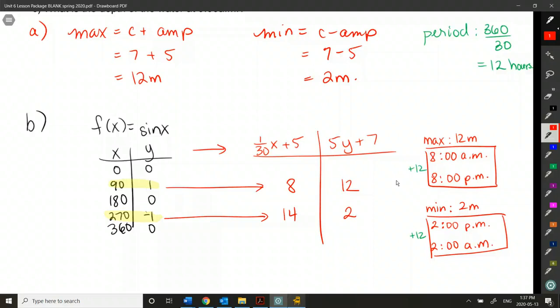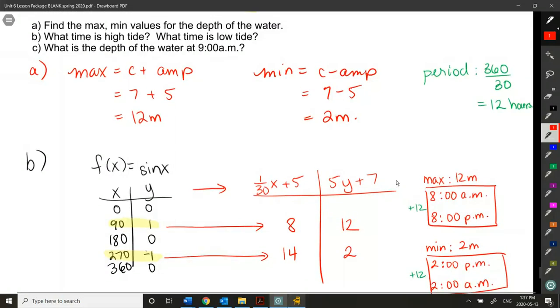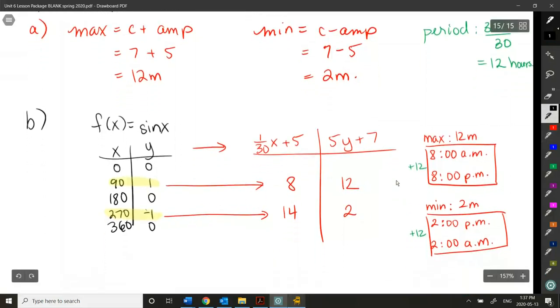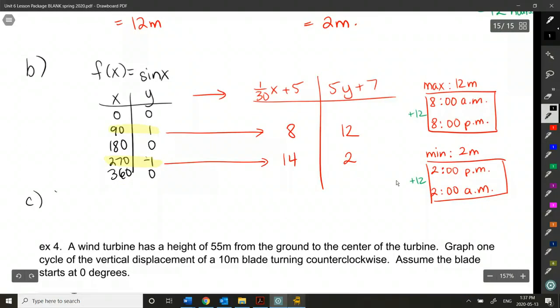Okay. And finally, the last part of this asks us, what is the depth of the water at 9 a.m.? So 9 a.m. is 9 hours after midnight, which means that we will essentially just evaluate h at 9.